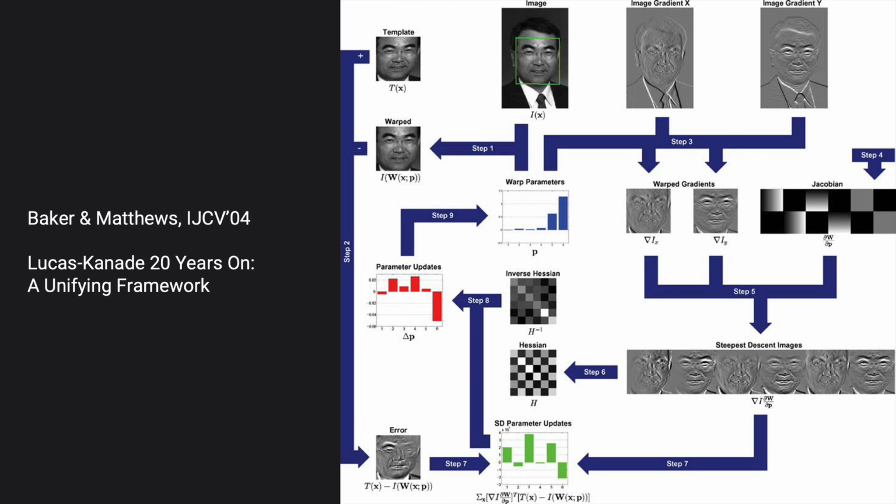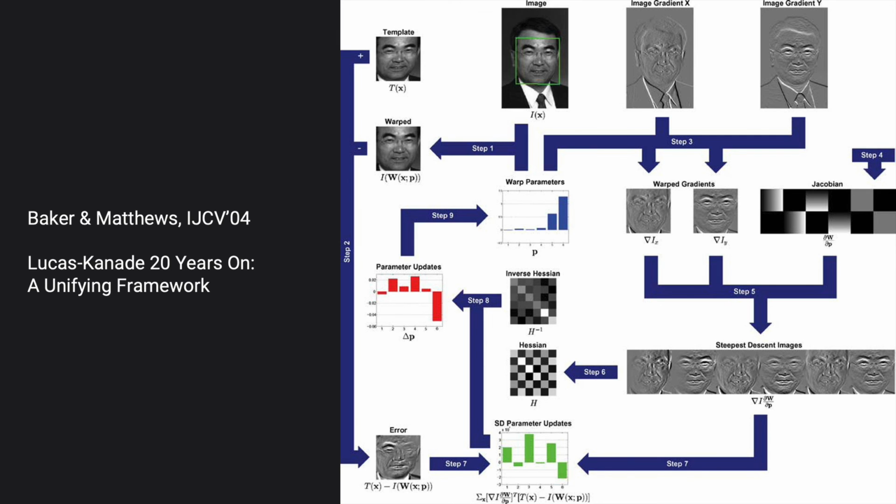This whole process and its variants have been well documented in a framework in a paper published in 2004. So here is an illustration of this process. The first step is, given a template or target image, we will warp the source image.